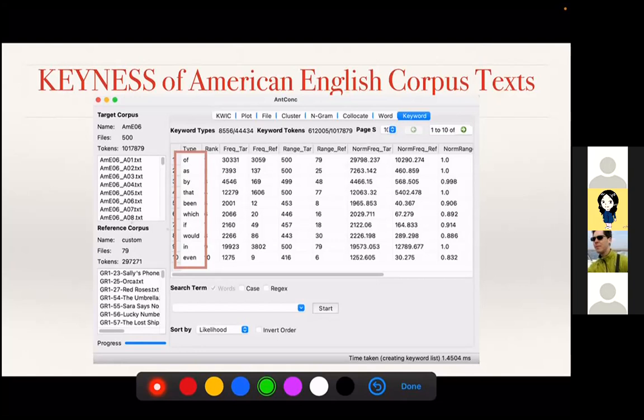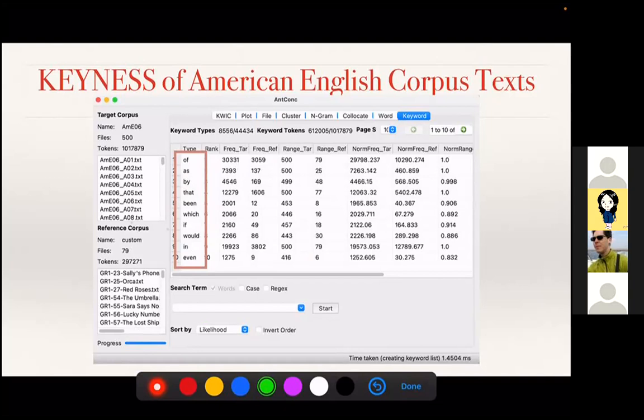Then you see this list, a lot of prepositions and connectors. That means that these words are not in the graded readers. In linguistic terms, it's called a negative keyword.